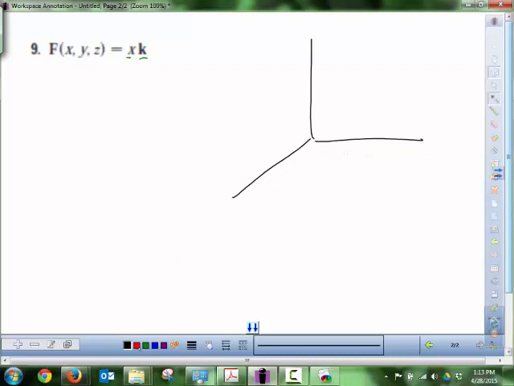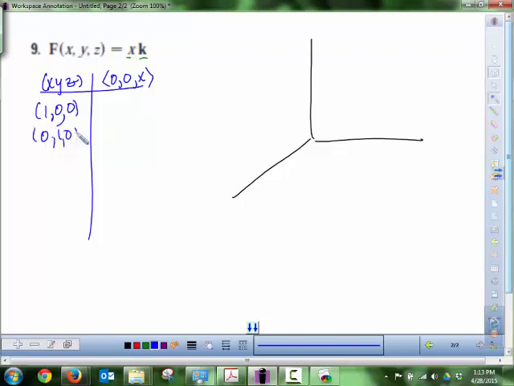So we can plot a few points. Really all we're concerned about is finding out what x is equal to. So if we plot a few points like 1, 0, 0, 0, 1, 0, 0, 0, 1, that's just a handful for now. 1, 0, 0 is here, 0, 1, 0 is here, 0, 0, 1 is here.